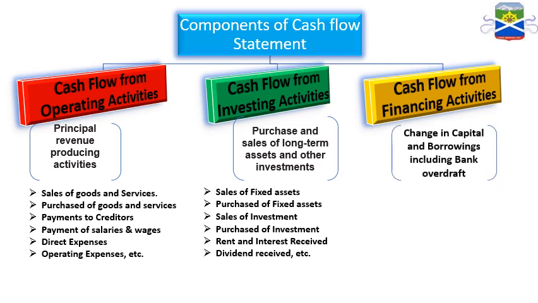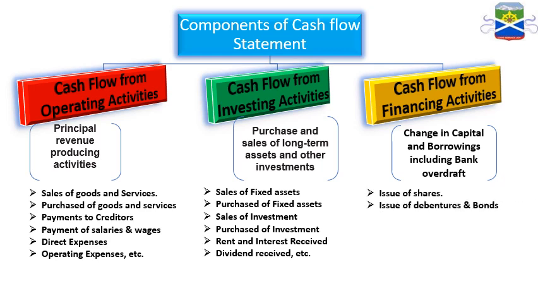Now cash flow from financing activities. This includes the issue of shares, borrowings, including bank overdrafts. That means change in capital structure of a company, and borrowings including short term and long term, and bank overdraft are included.